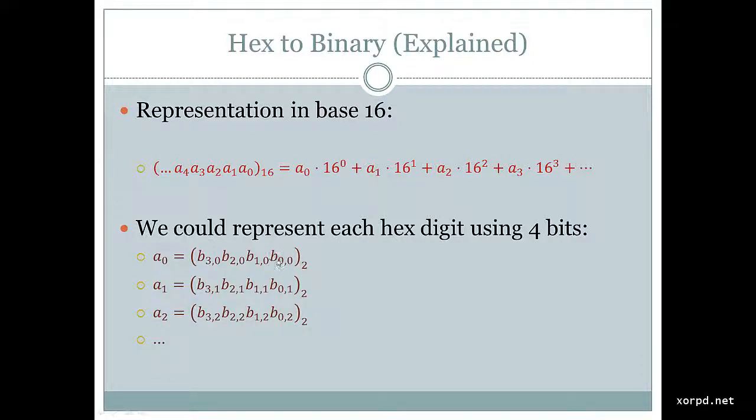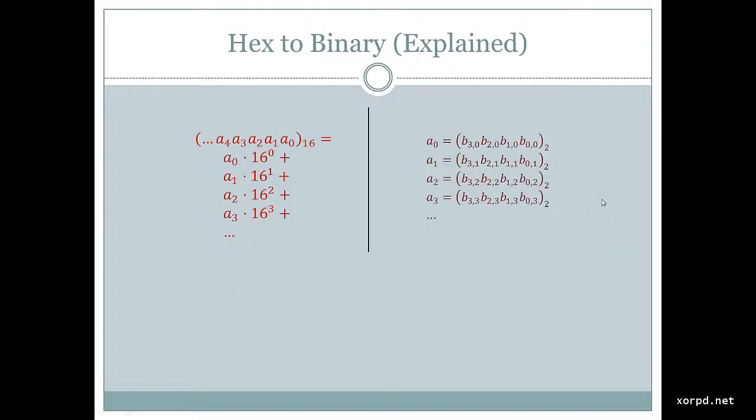However, the B numbers are bits. They could only be 0 or 1. Again, we just rewrite it in 2 different places of the screen, because we are going to look at some other stuff and we want to see it at the same time.